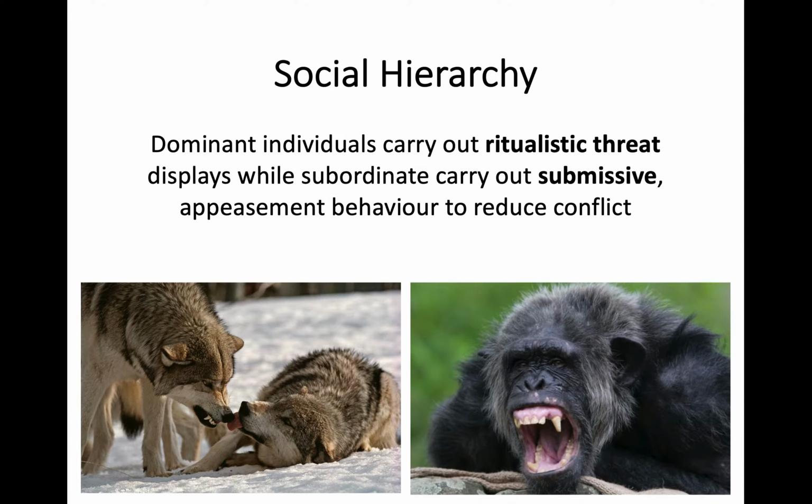The important thing for you to get into your head is that these aggressive moves by dominant individuals are ritualistic and threatening. In response to this, a subordinate which does not want to challenge the dominant member, doesn't want a fight, doesn't want to be eaten, will carry out submissive behaviour, which we can also call appeasement behaviour. Basically, it's any sort of behaviour to try and reduce conflict. It might not stop conflict, but it's an attempt to reduce the chance of a fight happening.